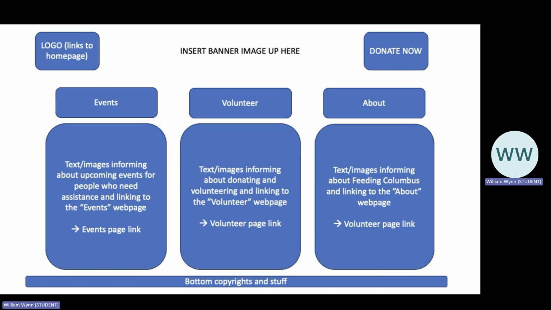So anyways, that's what we had going on here for the about page. The only thing about this that we wanted to change was that the events, volunteer, and about sections, and the blurbs under them with the links, were going to vary in size.